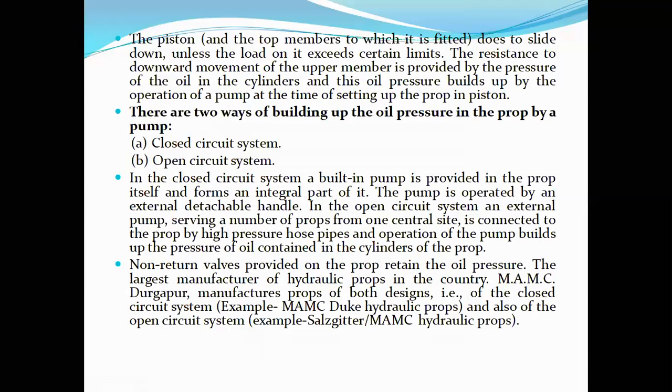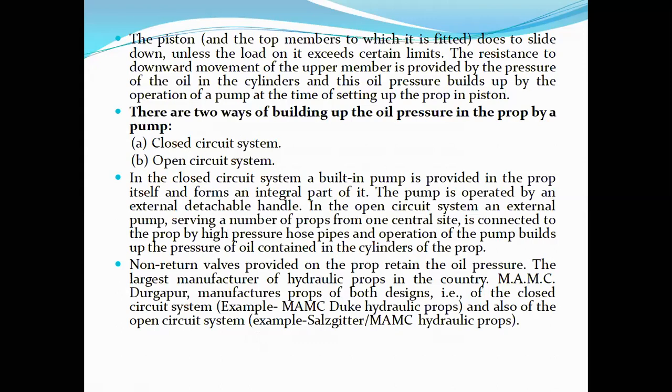So depending on whether you are operating manually or whether the circuit is open, it is something like filling air into the tires of any vehicle. Whatever pressure has to be set, there will be a separate compressor outside, and you will use that to fill the air into the tires.